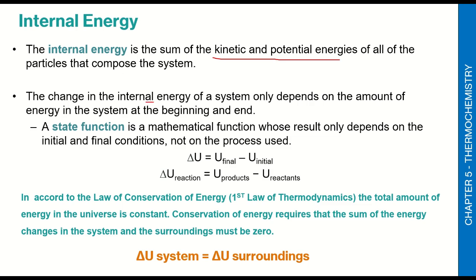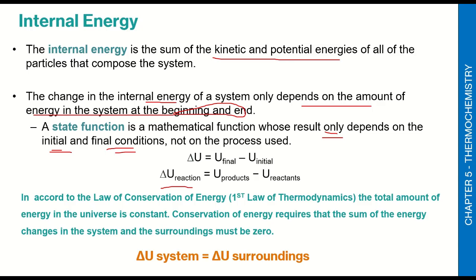The change in the thermal energy of a system only depends on the amount of energy in the system at the beginning and the end. So a state function is a mathematical function whose result only depends on the initial and final conditions. This is why the internal energy change will be equal to the internal energy of the products minus the internal energy of the reactants.